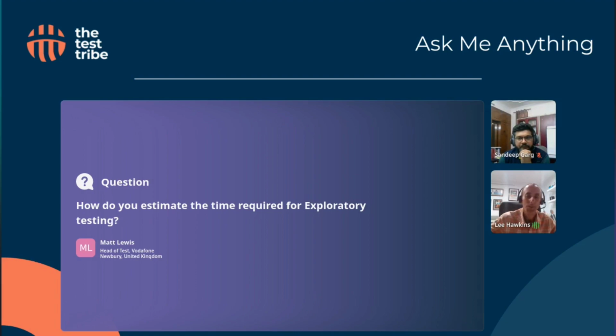There's something called session-based test management, which is a way of managing any sort of testing, actually, but I found it particularly useful for managing exploratory testing. So we split up the test effort into sessions, which are short periods of uninterrupted testing.